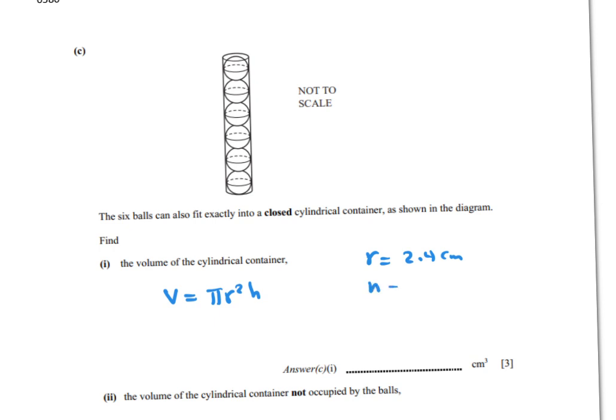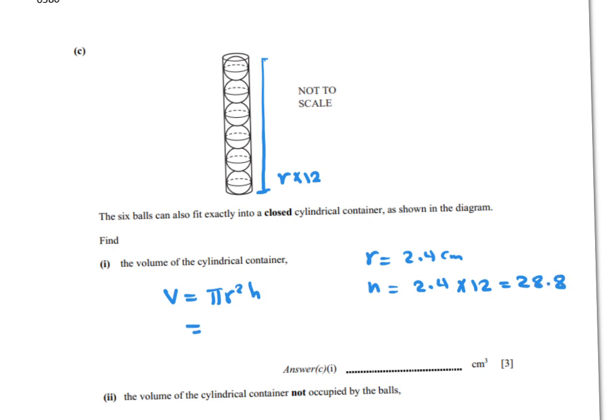What about the height? For the height we have 6 spheres together, and each sphere's height is like the diameter or 2 radii. So r times 12. So 2.4 times 12, the height is 28.8.